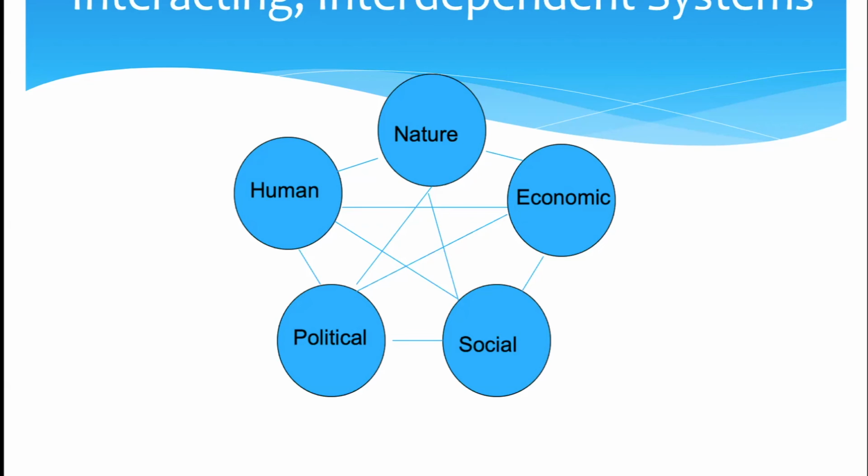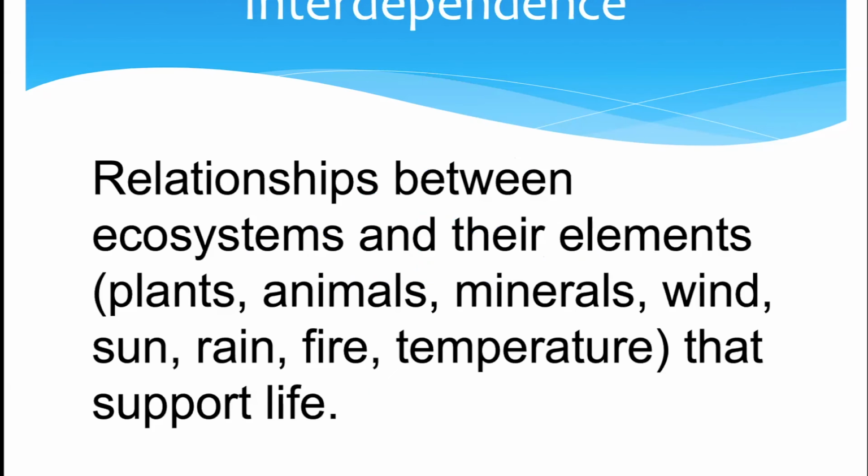And then the human system piece just encompasses all of the human systems that are not named there. So families and communities generally. I want you to think about interdependence. So the relationships between ecosystems and their elements, and that means natural ecosystems and human ecosystems that support life.